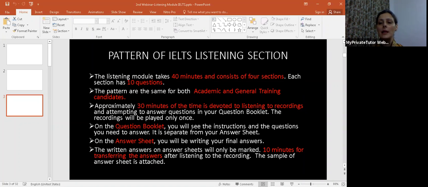For academic, the questions may be from history or the arts, that means academic. For general training, there may be a description about a machine, something like that, which is a sort of training. So basically the pattern of both papers is the same.